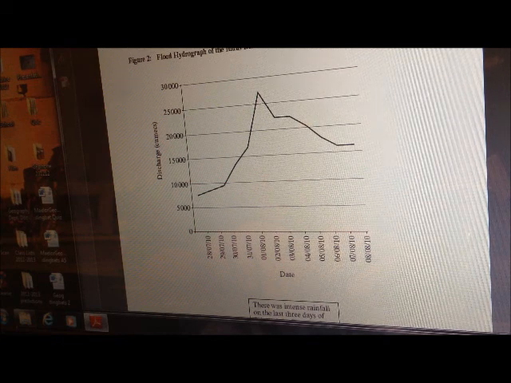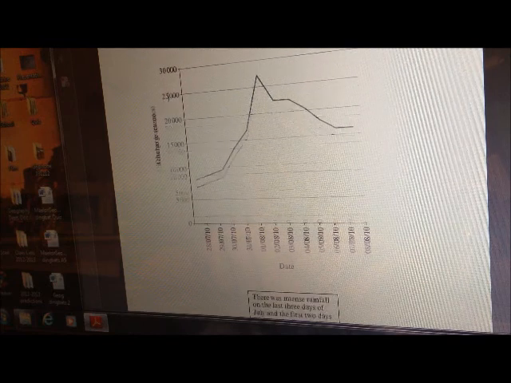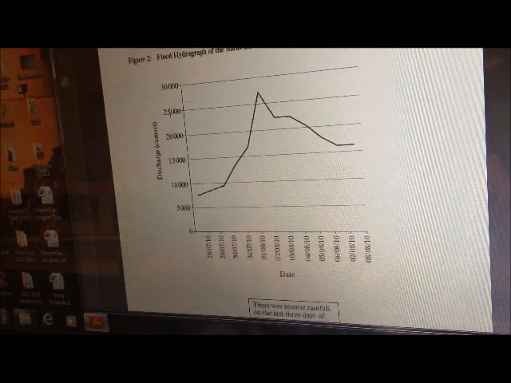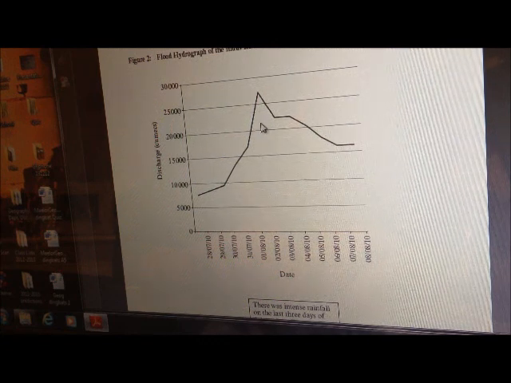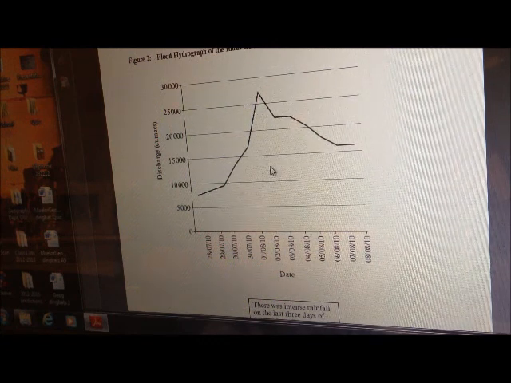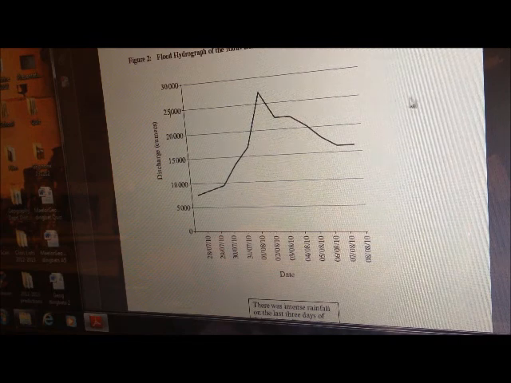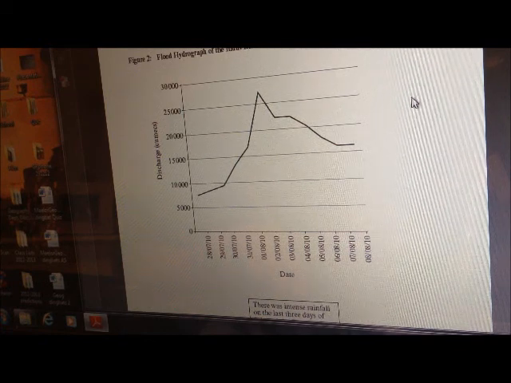The question is a straightforward one: describe the flood hydrograph. Remembering that they just want a description, you're not going to get any marks just for quoting information from here, but it'd be best to use the information here. There's 1 mark for a valid comment, so you could write 5 detailed sentences using some information from the graph to get the full 5 marks.